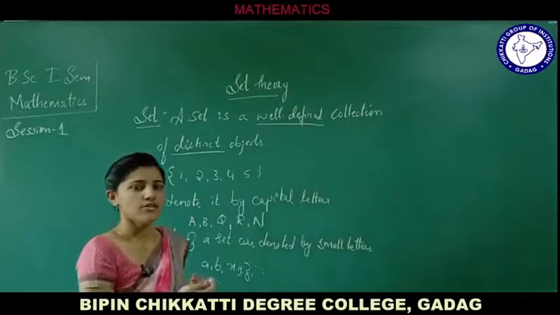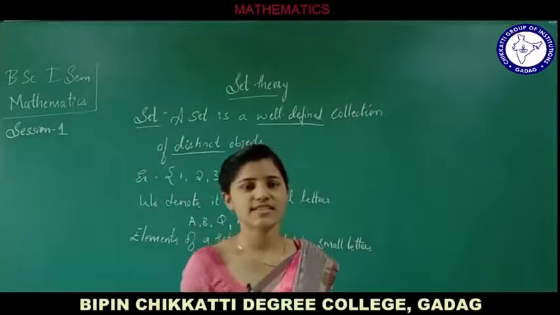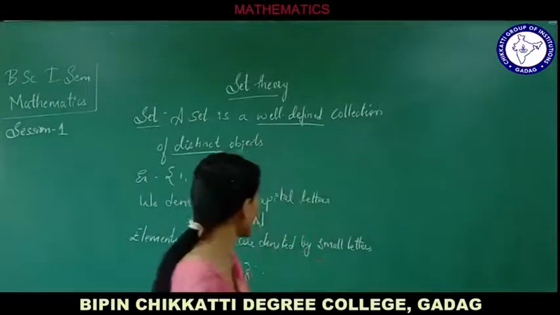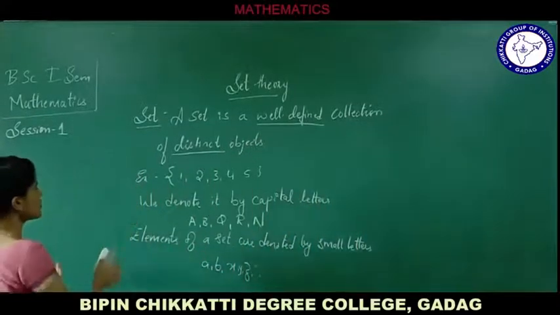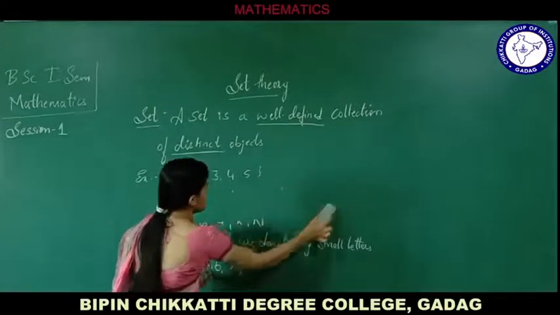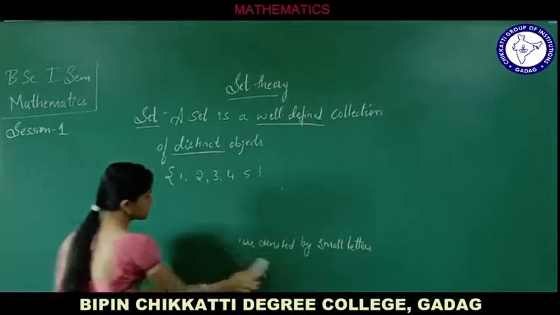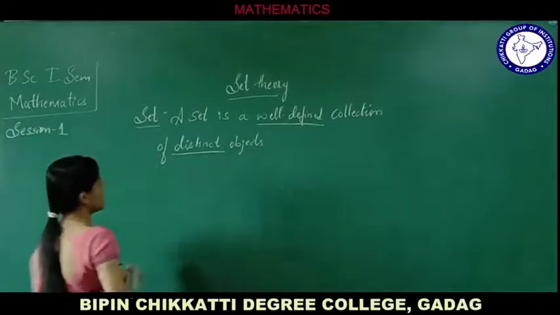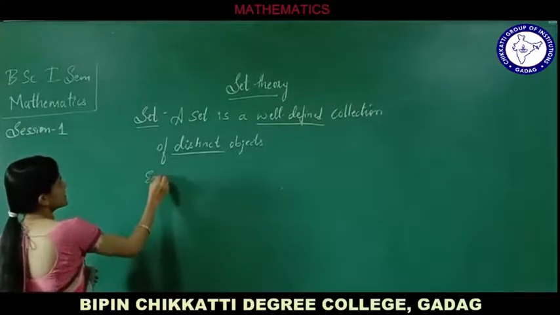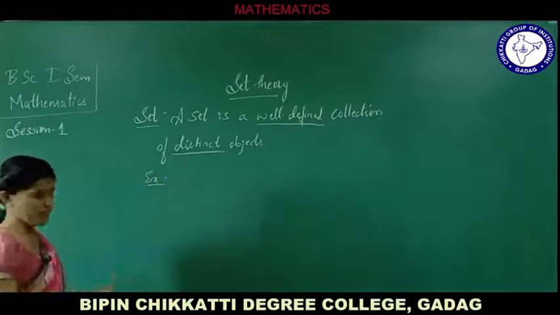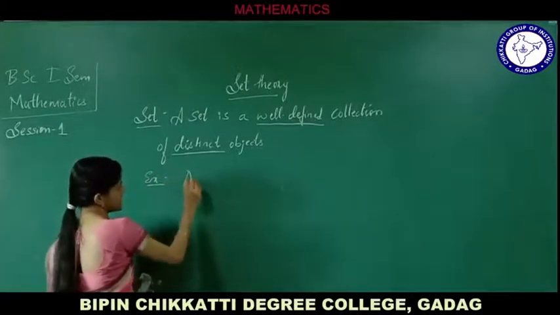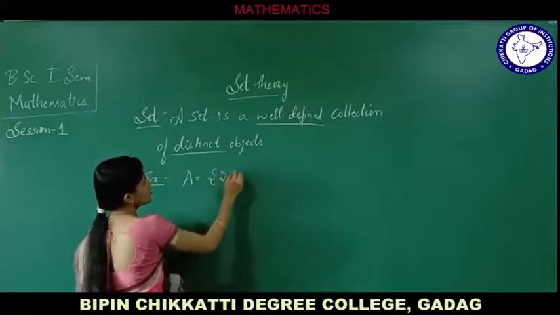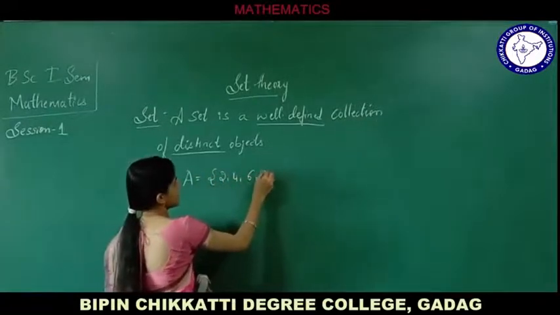Further, we want to know whether an element belongs to a particular set or not. How are we going to define that? We have a notation. Suppose I give an example, as I said, sets are denoted by capital letters. So let me consider A equals 2, 4, 6, 8.